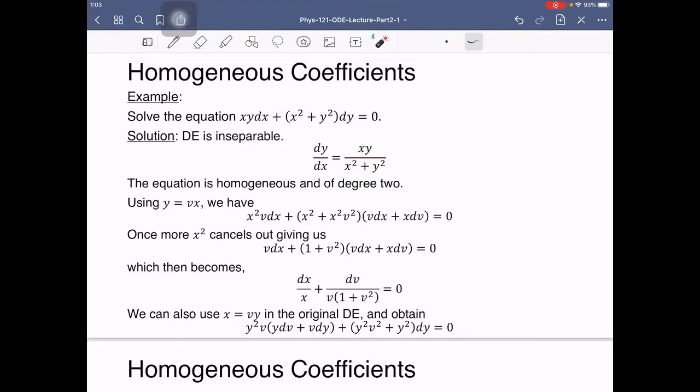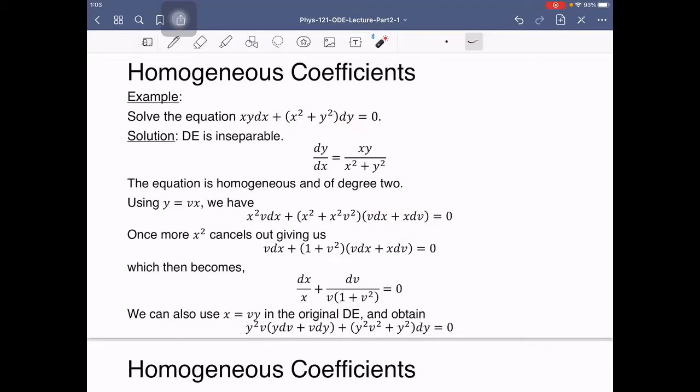So, you can try that naman, yung property. So, again, by substituting y with vx, we can rewrite this equation as this one. So, now we have x squared v dx plus quantity x squared plus x squared v squared times quantity v dx plus x dv. So, this one comes from dy here. Okay?